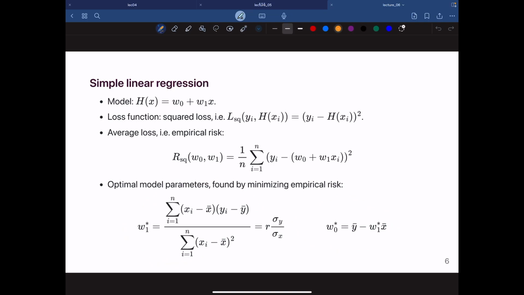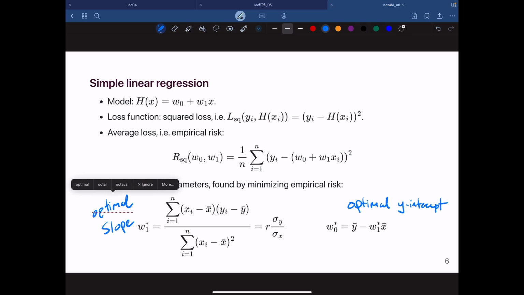We were able to get the optimal y-intercept and the optimal slope. The optimal y-intercept is what it is, that's how you write it.